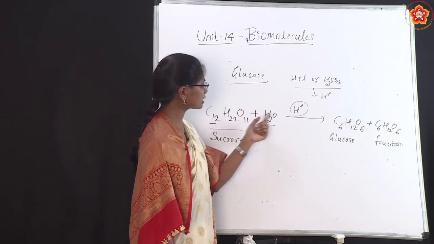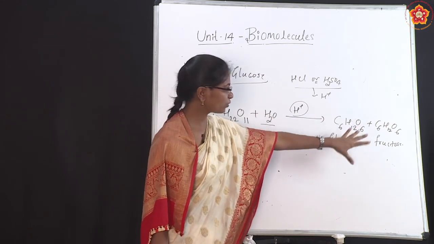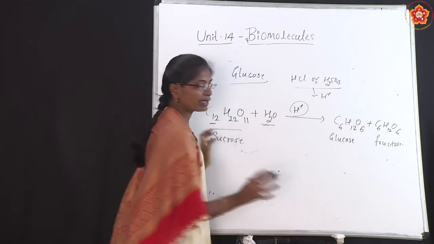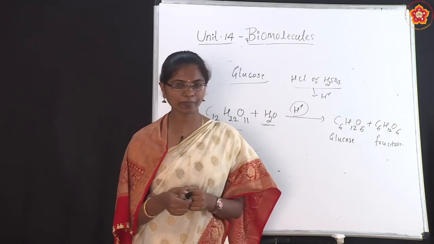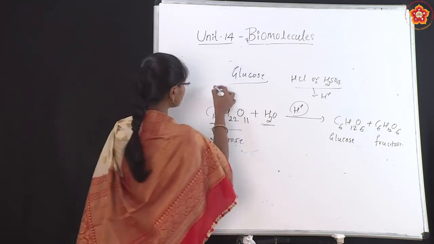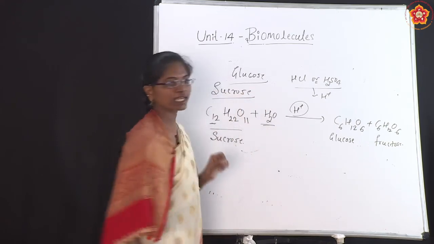Only 11 oxygens are there, and one more oxygen it will take, then O6 and O6. So when you boil sucrose, it gives glucose and fructose. This is the first preparation, from sucrose which is present in cane sugar.